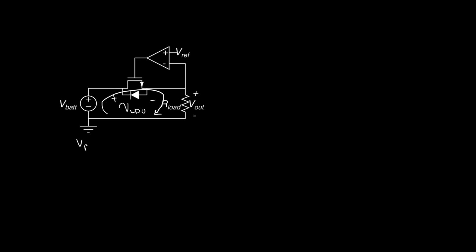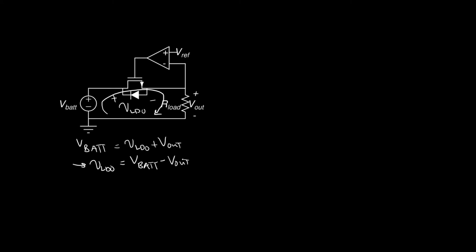So we have VBAT, which aligns with my arrow, is equal to VLDO. Sorry, I'll use this cursive lowercase v, which I hope you can distinguish from my regular uppercase V, VLDO plus V out. And if we rearrange this, we notice that VLDO, the voltage across this transistor, is the difference between the input and output voltage.